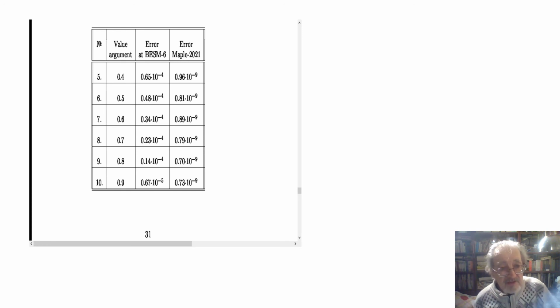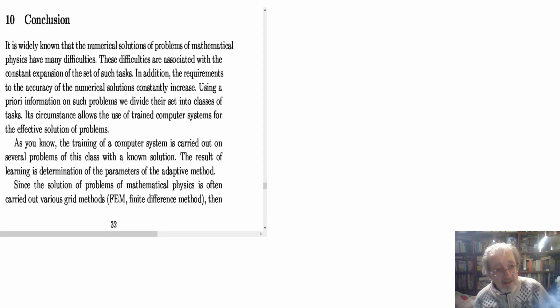We can see error at Basin 6 and error Maple 2021. We can see the difference between these results.